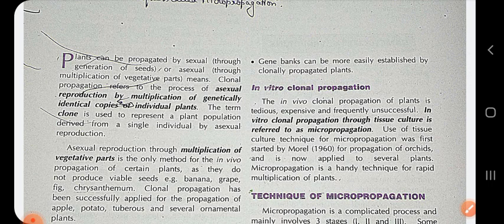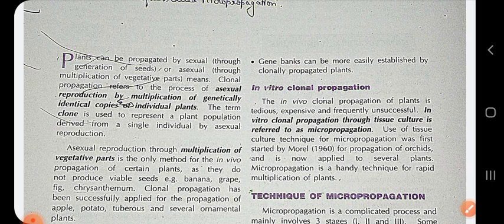Now, in many ways gene banks are used to preserve genetic material. One way is by cryopreservation. Cryopreservation is a process where the tissues, mainly plant tissues, are first treated with certain chemicals called cryoprotectants, which stabilize their internal environment so that it does not freeze.